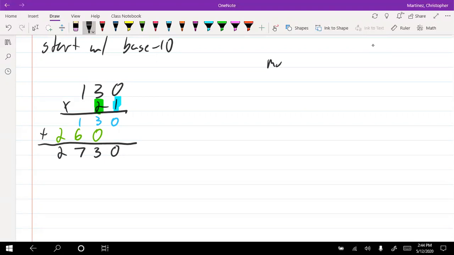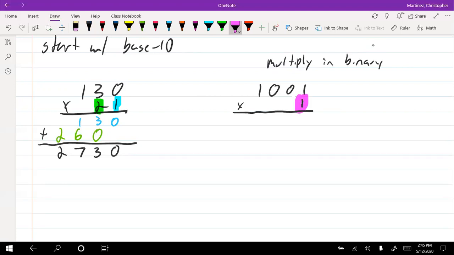All right, so we take that idea, and it's the same thing we're going to be applying now to multiplying in binary. So before we start multiplying in binary, let's do a single digit. Let's say we had 1, 0, 0, 1, and I want to multiply this by 1. Okay, so when I have this 1 right here, for us, we only can multiply by a 1 or a 0.